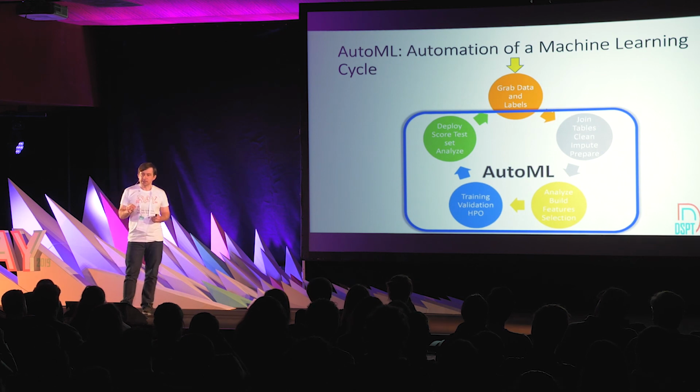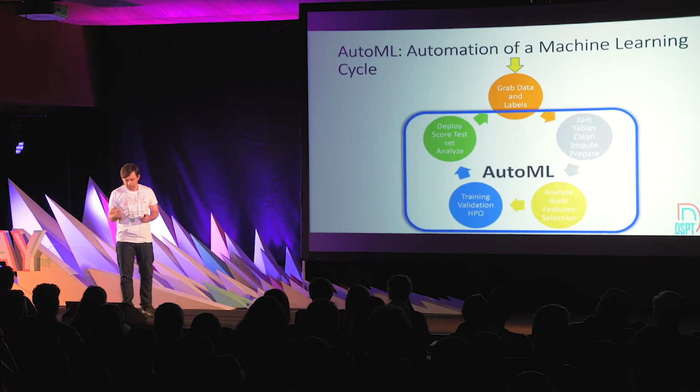Then after that step, you can train an algorithm, maybe choose the best algorithms to train for that specific data set, choose a validation strategy, and process some hyperparameter optimization after the model is fit. After that, you deploy the model, you can score a new test set, analyze the results, and you are ready to start the cycle again, right?